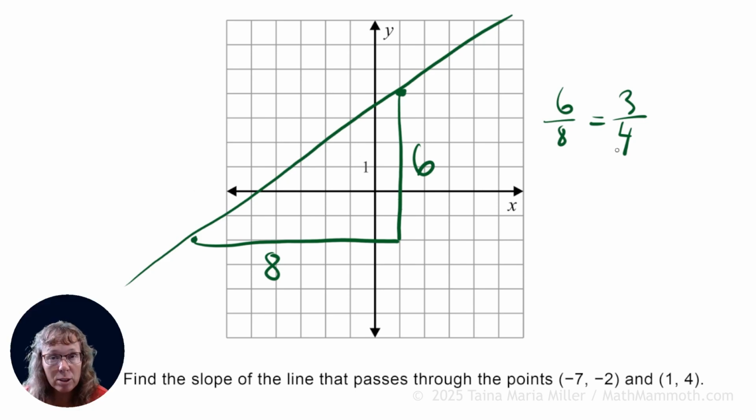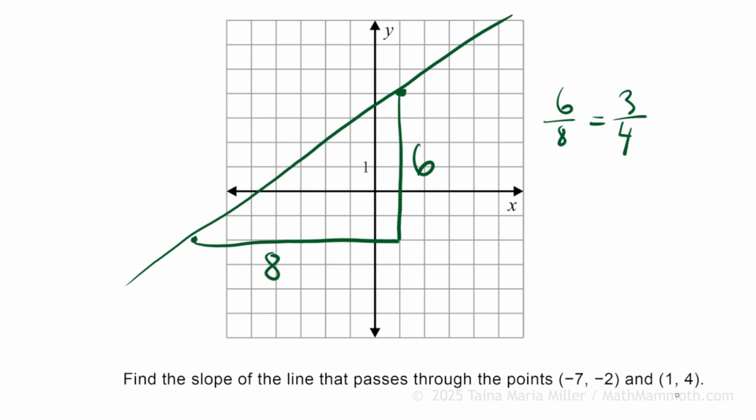Now you can actually figure this out without a grid. You can just look at the numbers and calculate the difference in the y coordinates versus the difference in the x coordinates. If I do it that way, I need to first look at the y coordinates and their difference, and then the difference in the x coordinates.